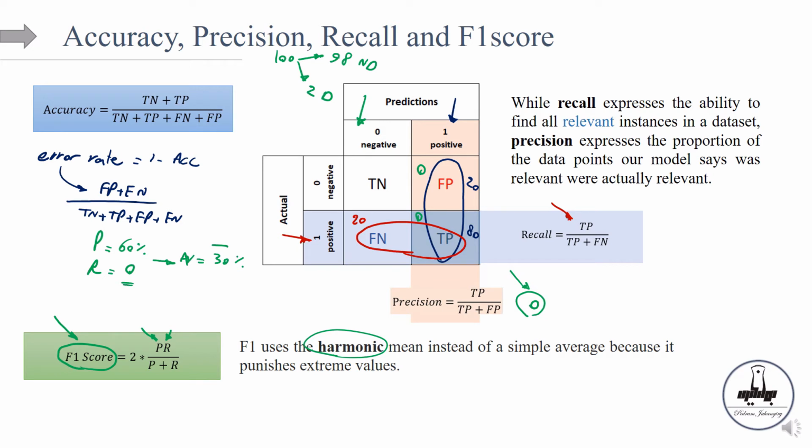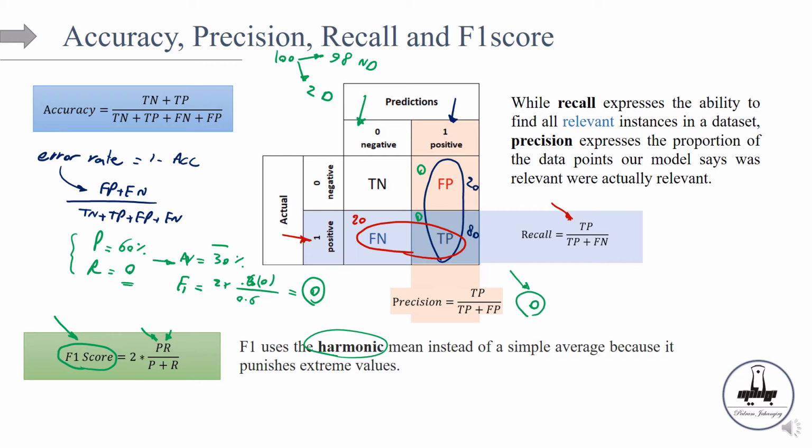You know that recall of 0 is a disaster, right? So we're going to report F1 score. F1 is a harmonic mean. So harmonic mean between P and R is what? 2 multiplied by 0.6 multiplied by 0, divided by 0.6. So we're going to get 0. So the F1 score is going to be 0. So that's why in general we're going to report F1 score instead of accuracy or even precision and recall when the data set is imbalanced.